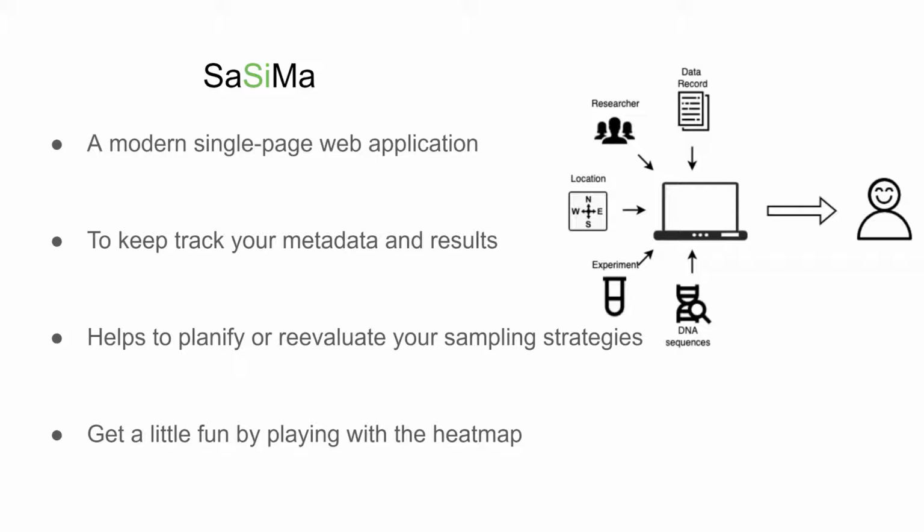The web application provides direct access to the data resource annotations, permits visualizing the important associations linked to the researchers that have collected the samples, gives direct access to the processed sequencing data from the sample sources, and displays the location information of where samples have been collected. The application aims to help plan or re-evaluate the sampling strategies and to keep track of the metadata and results. And most important, it should be fun to play and interact with the heat map.